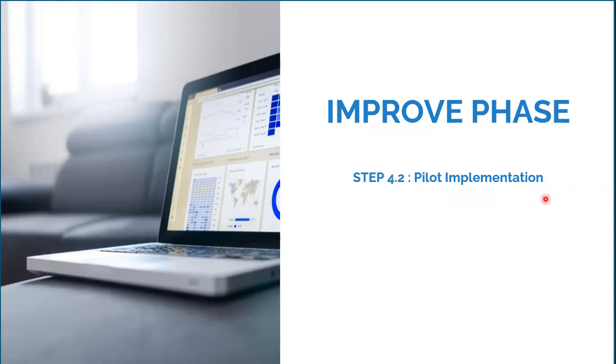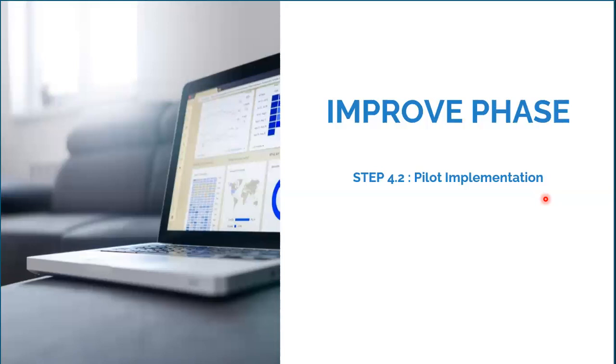Now, in step 4.1, we were able to find the potential solutions to be implemented: solutions which are highly impactable, highly cost effective, easy to implement, so feasible to implement, and of course those solutions where we can very easily get the client's or senior management's approval.